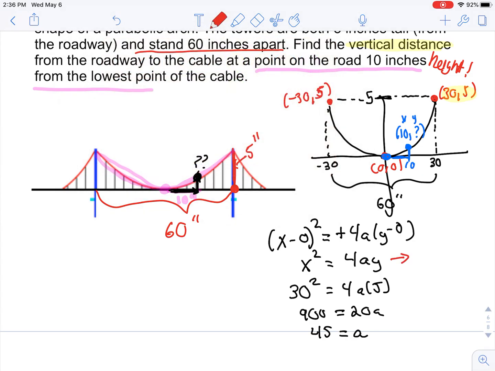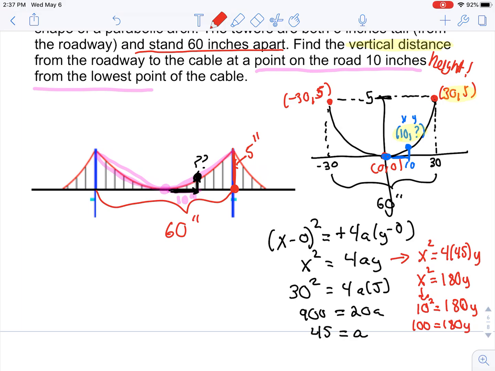And if I take that a value and go back up to my equation, x squared equals 4 times 45y. x squared equals 180y. So here's my equation. Now, how do I use the equation? I was being asked to find out the height when the x value is 10. So we're going to plug in that 10 for x, and we are solving for the y value.